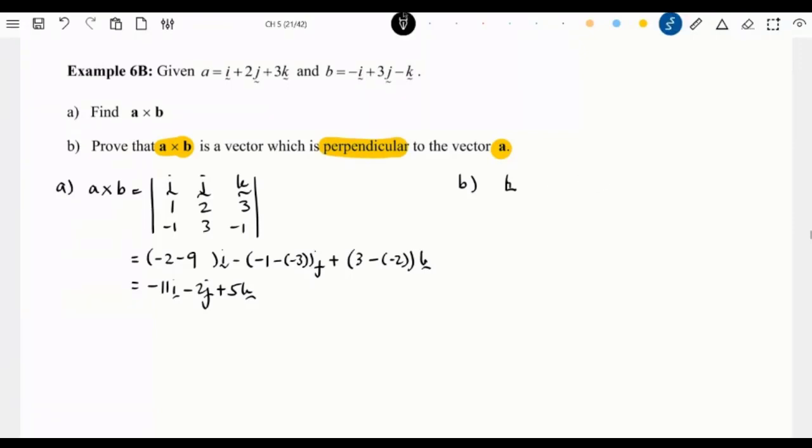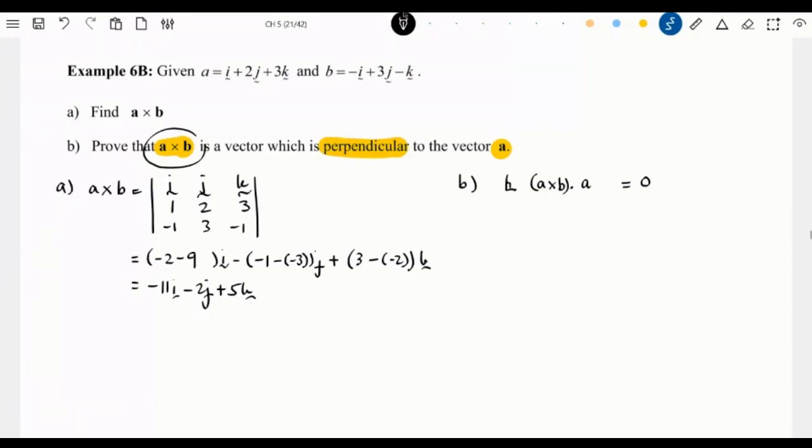Dia still sama dengan kosong and it's a dot product, tetapi kamu punya satu lagi vektor adalah A cross B. So we have the property by dot product: A cross B dot A equal to 0.